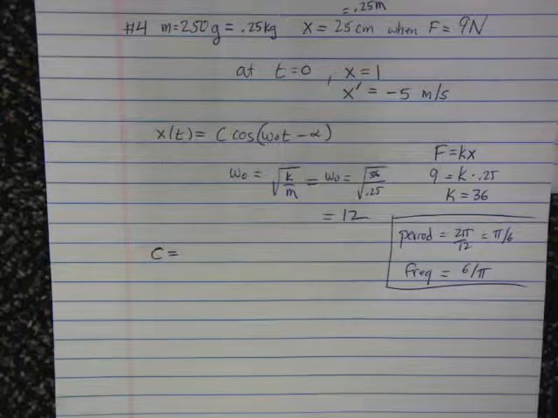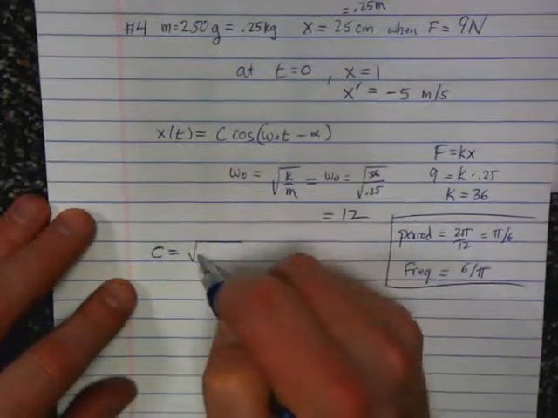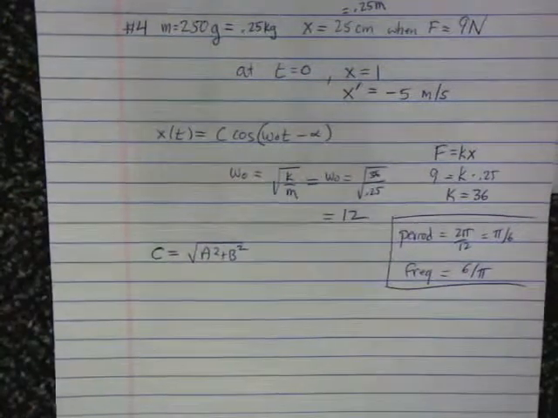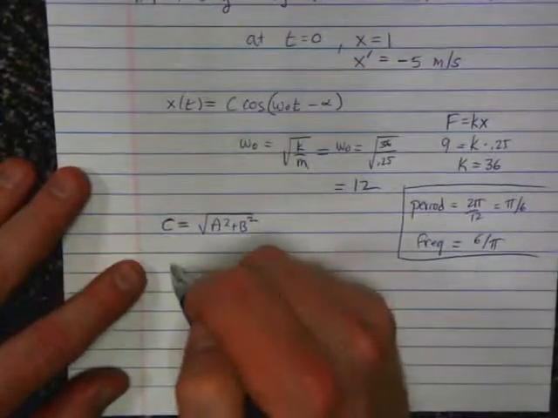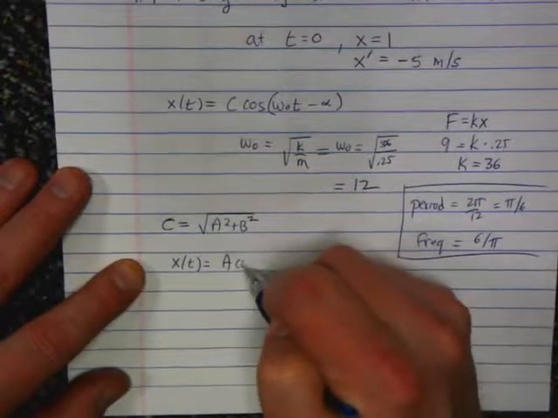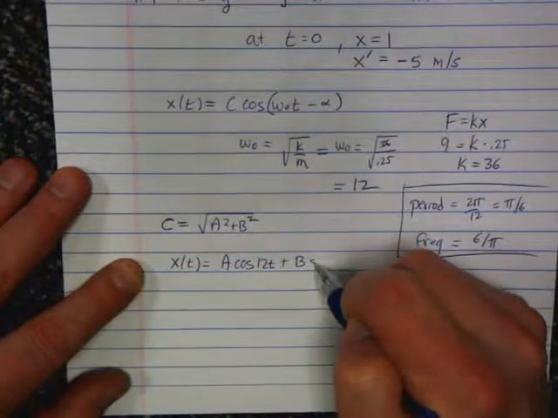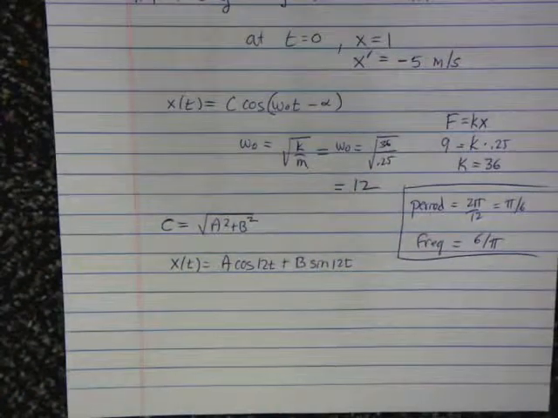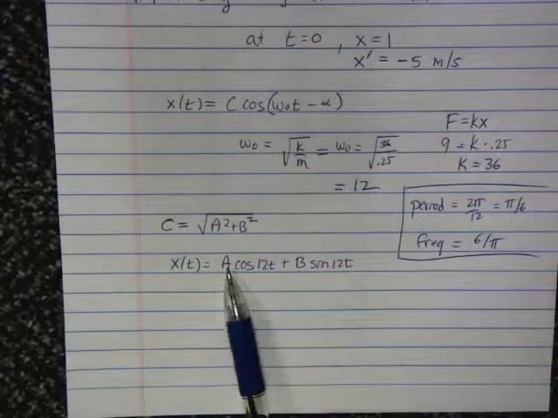C was defined as the square root of a squared plus b squared, where a and b came from having your solution written in this form: a cosine 12t plus b sine 12t. So in order to figure out C, I first need to figure out A and B.